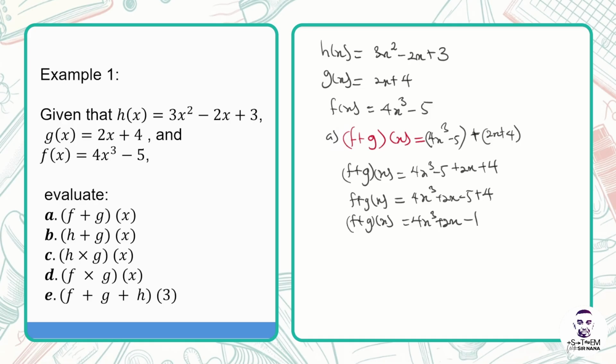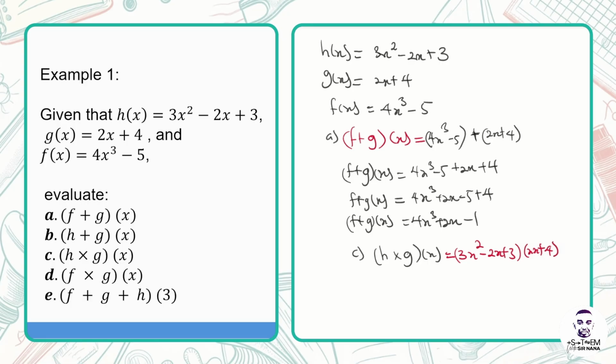Let's consider the c. For c, the question says that h multiplying the function g, all this of x. So this time we are multiplying. So what we are going to do is take the function h, which is 3x squared minus 2x plus 3, then multiply by the function g, and that is 2x plus 4.